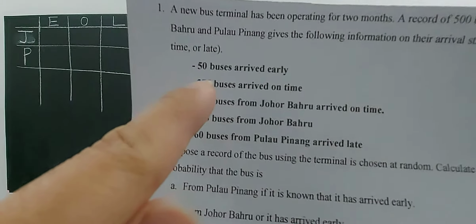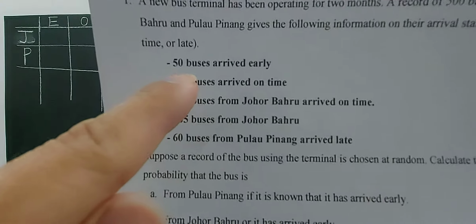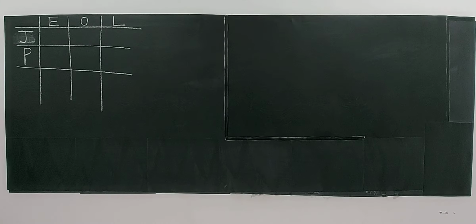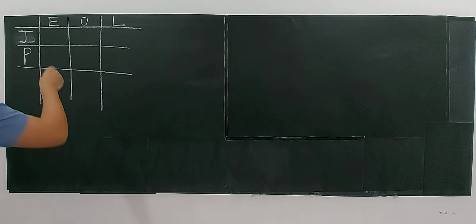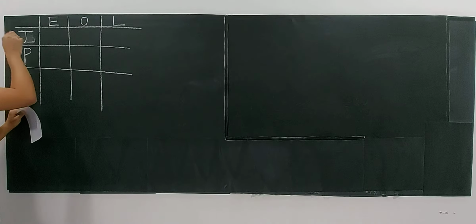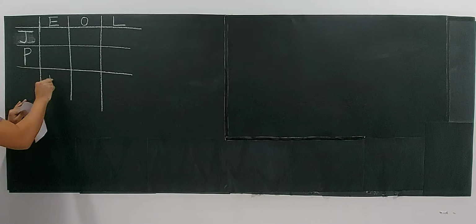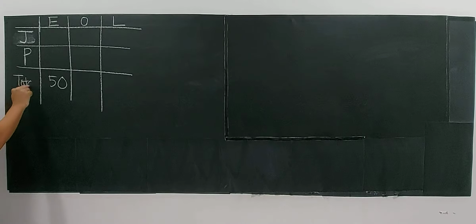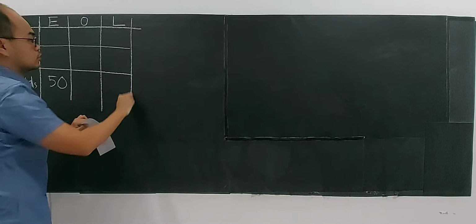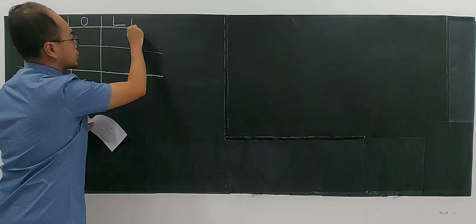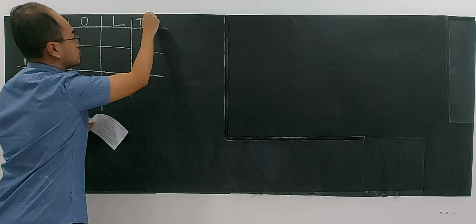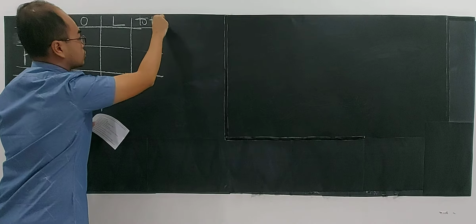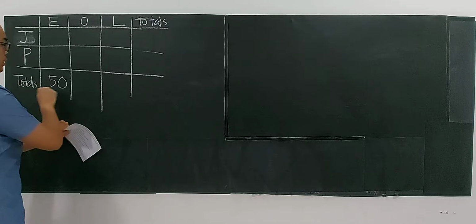We read from the information given: 50 buses arrive early. So there are a total of 50 buses that arrive early, either from Johor or Pulau Penang. This is actually the totals here. This also will be the totals.